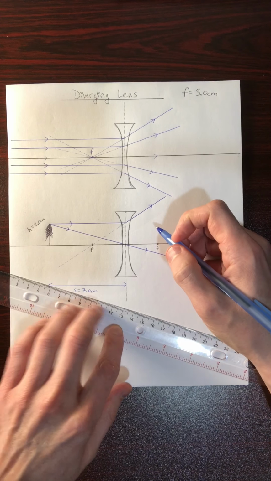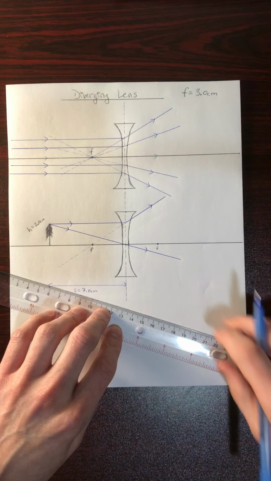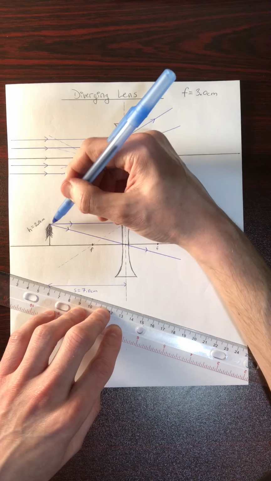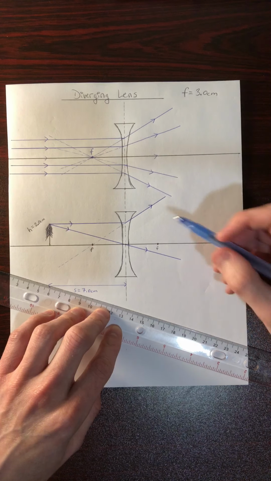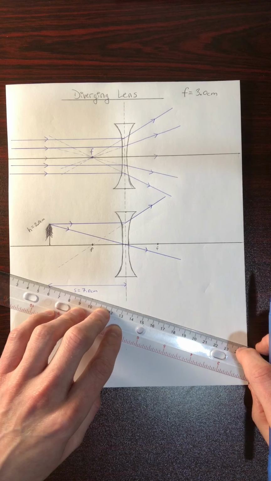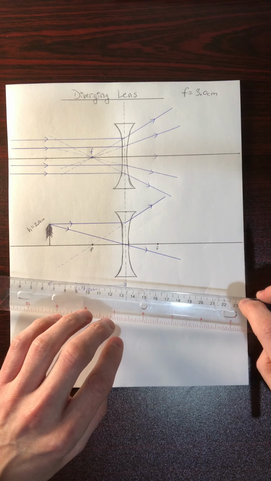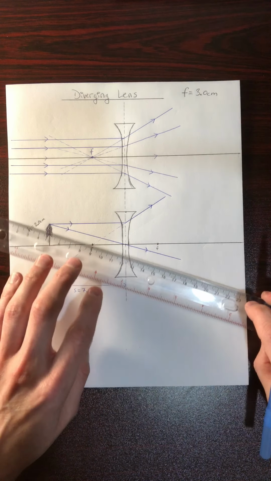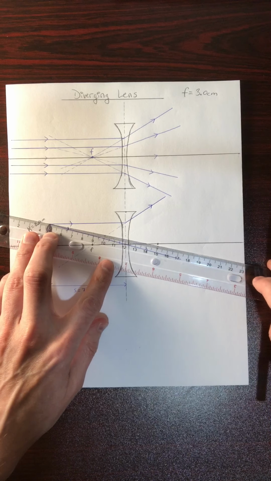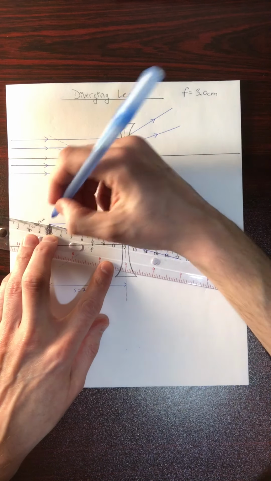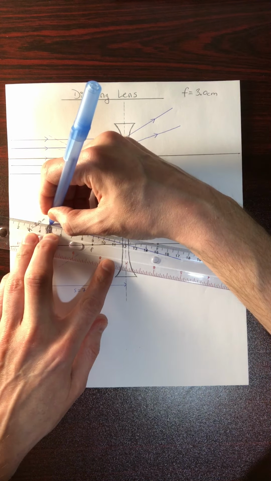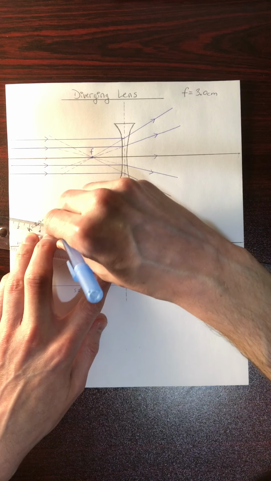Okay, and the next one that we can draw is another ray such that on the other side here it's going to be parallel to the axis. And the way that we do that is again thinking about this in both directions.